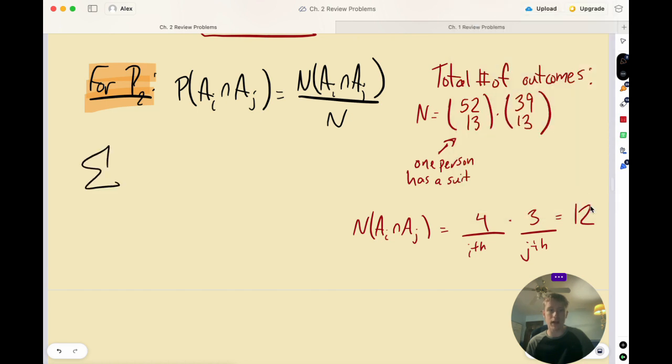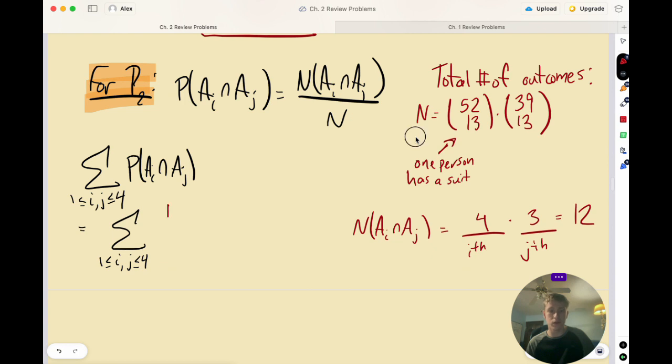Okay, so if we're trying to sum, where i and j are between 1 and 4, of the probability of a sub i intersect a sub j, now that's going to be a sum where i and j are between 1 and 4 of 12 divided by 52 choose 13 times 39 choose 13.